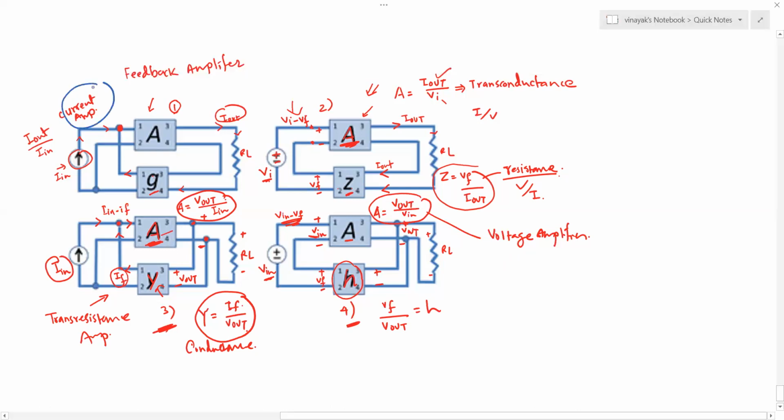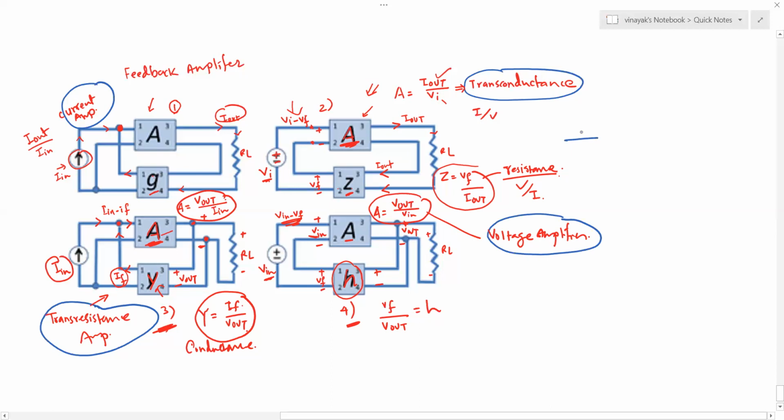So we have seen four cases. The first one is the current amplifier, the second is the transconductance amplifier, the third is the transresistance amplifier, and the fourth is the voltage amplifier. In block diagram form, you have an input here, and then a positive sign here and a negative sign here because there is a subtraction.